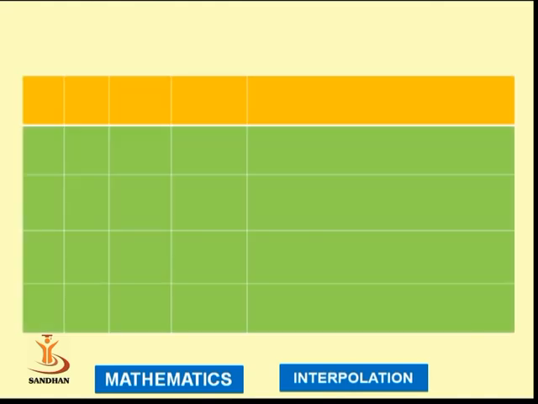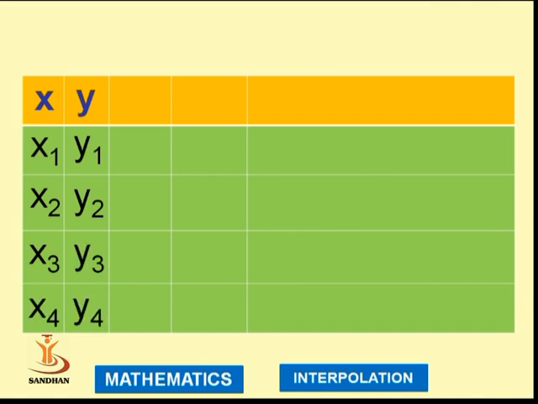Let's have a look at it in the tabular form for a better understanding. So again, we have the same table, x and y. x1, y1, x2, y2, x3, y3, and x4, y4 are the 4 points that are known to us. We had earlier computed the first order forward differences as delta y1, delta y2, and delta y3.